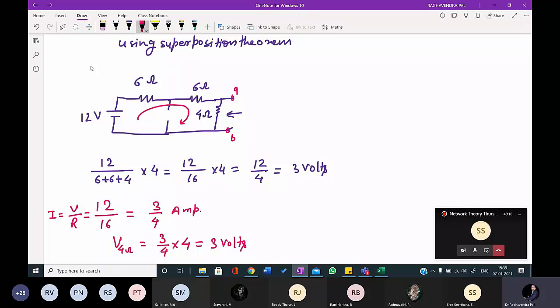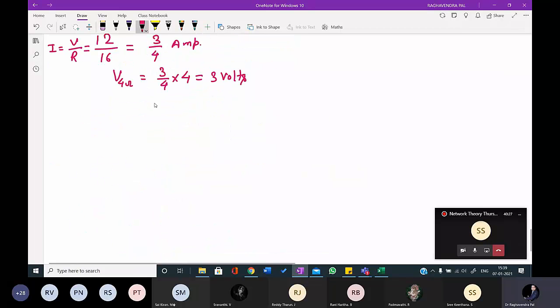So, using the superposition theorem, first, taking only the voltage source. Okay. Now what will we do?